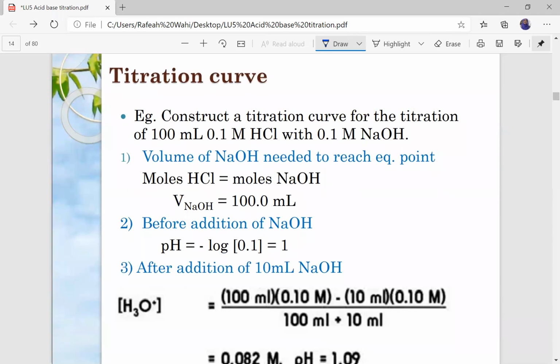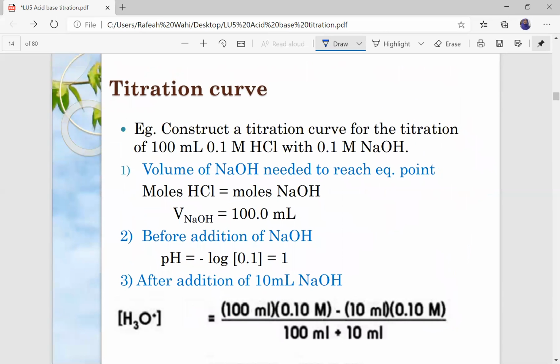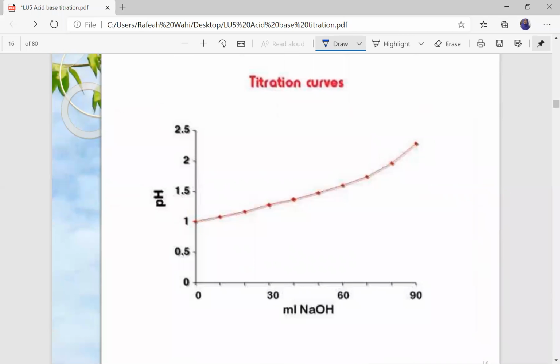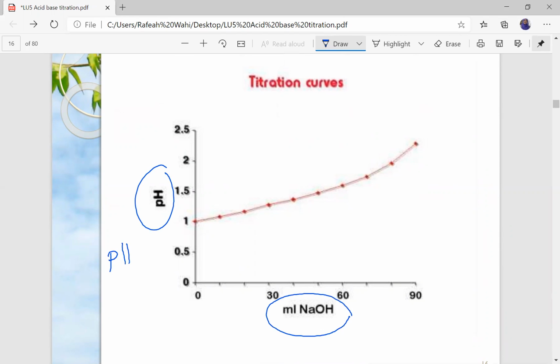Now let's look at the example so we can have a clearer picture of how an acid and base titration curve is constructed. First of all, I would like to mention that a titration curve is a curve of pH versus volume of titrant.